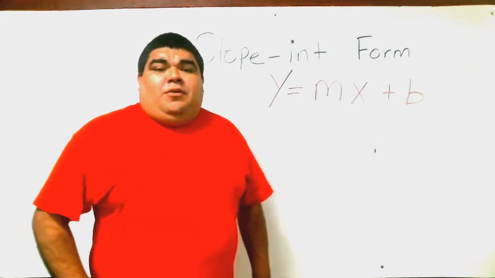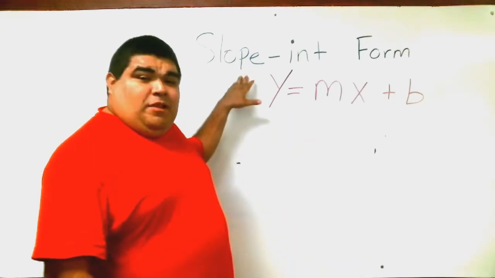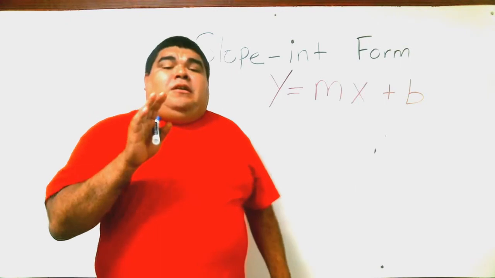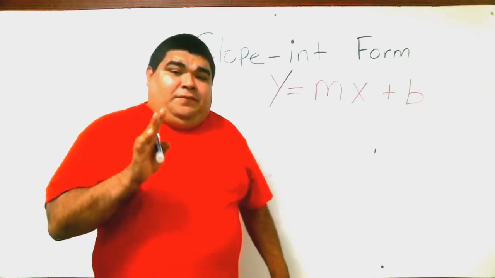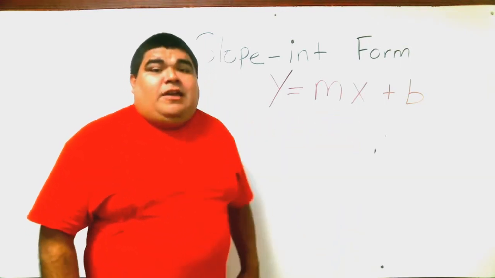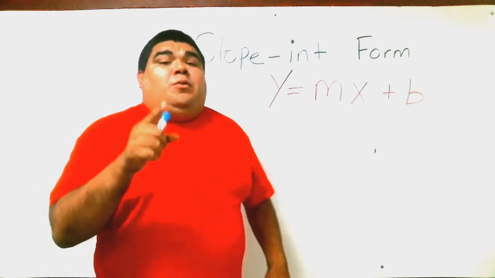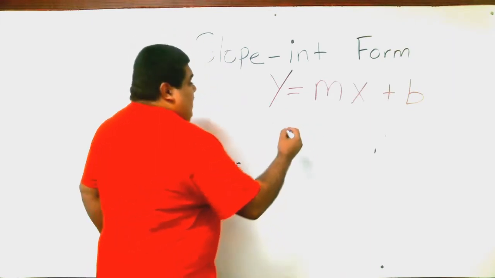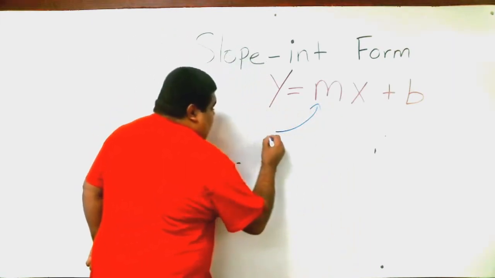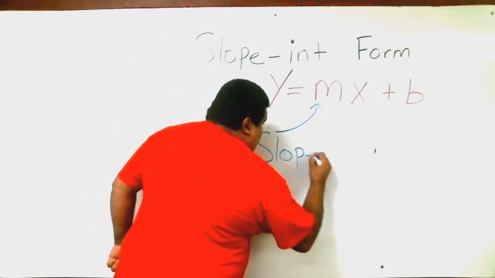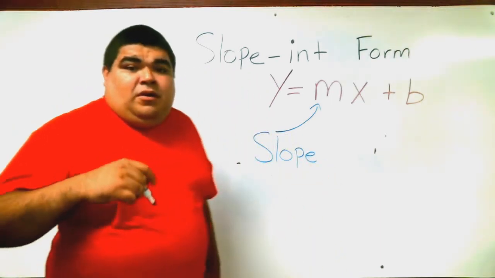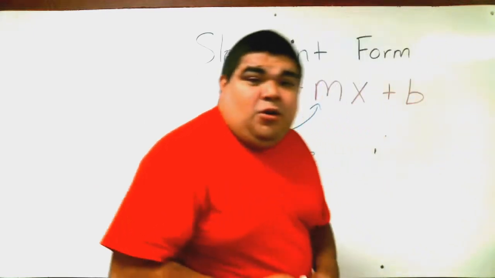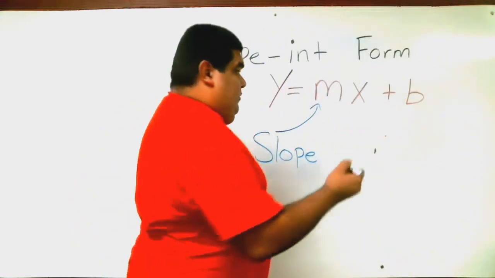Now that we have the formula for today, we have the equation up on the board as well. The basic stuff to this equation is, your m is always your slope. Remember from last class? The b at the end is known as the y-intercept.